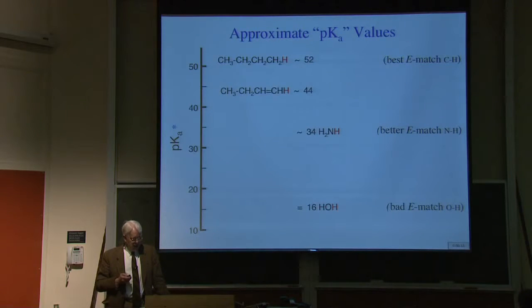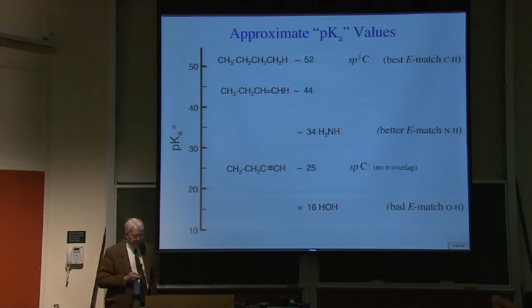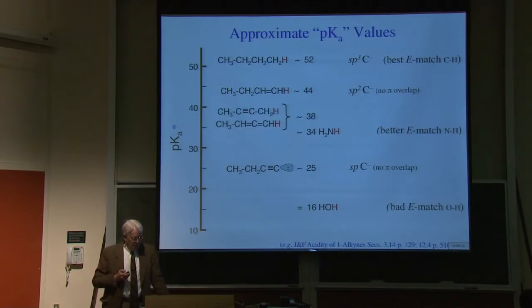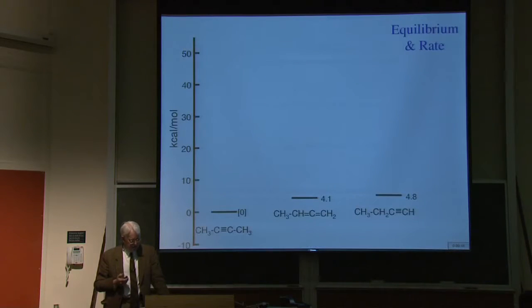But if you have an sp squared hybridized carbon or an sp hybridized carbon, they get much more acidic. We talked about this before. And in some cases, if you're breaking a CH bond and next door there's a double bond, you can get extra acidity, okay, that stabilization.